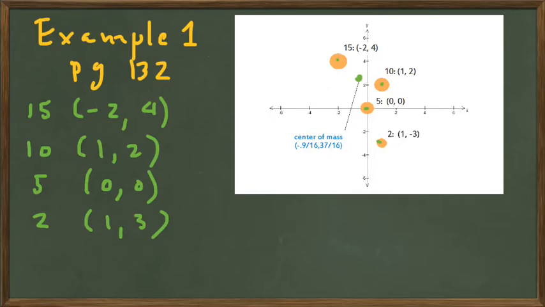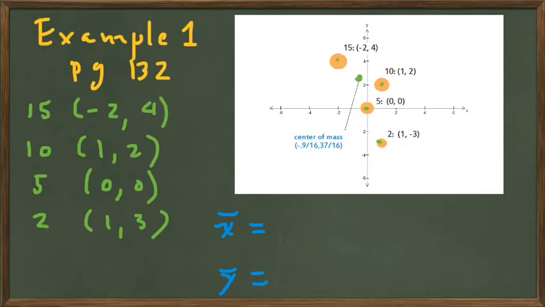We've got represented here the masses 15, 10, 5, and 2, and the coordinates of the points where they reside. We've got an x center of mass, which we're going to call x bar, and a y center of mass. The way we calculate these centers of mass, x bar and y bar, is to take all of the moments.